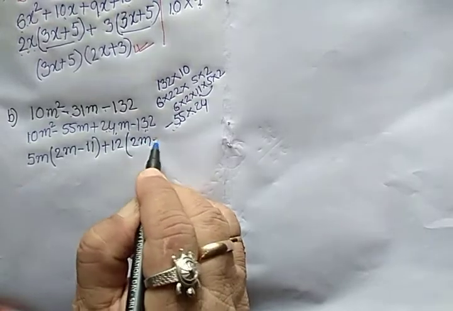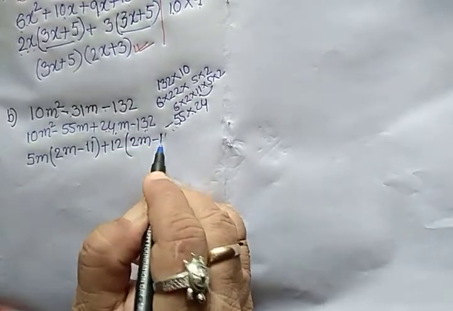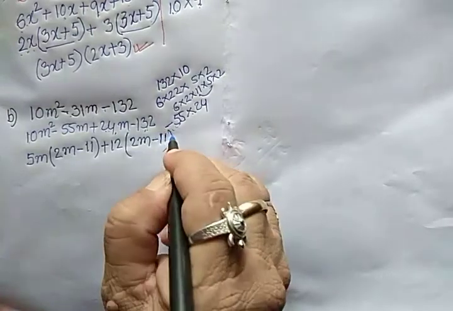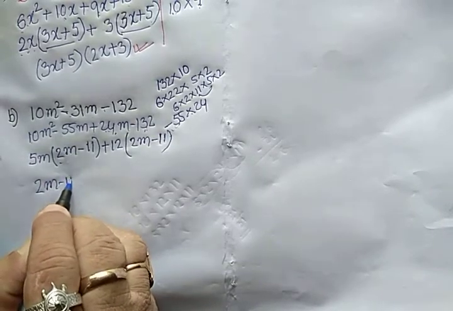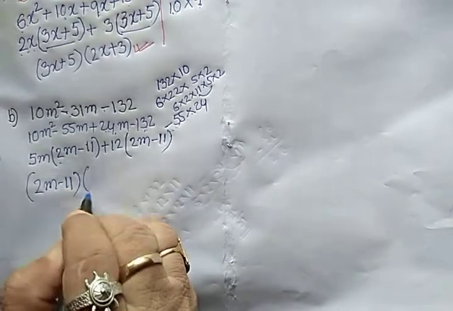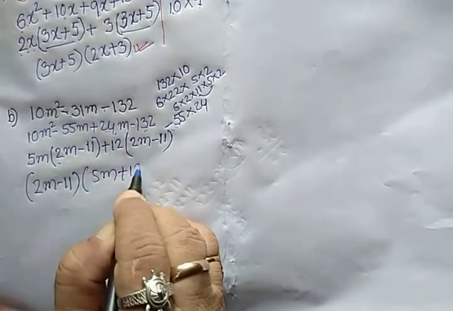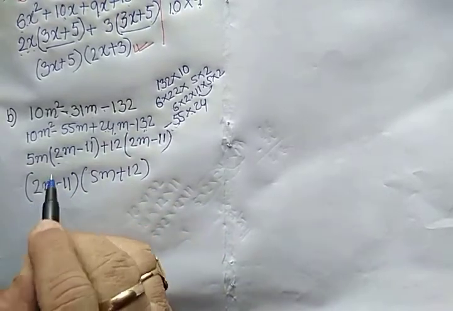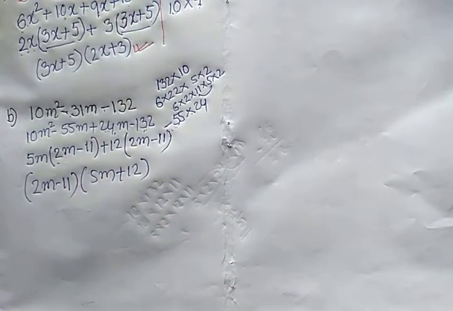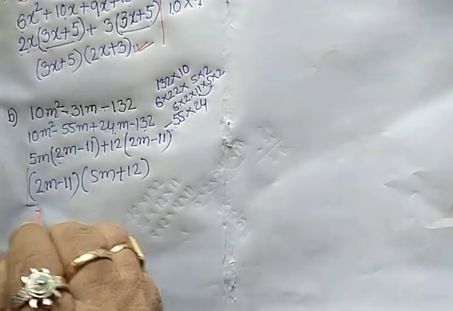And how much you get here? Minus 11. So 2m minus 11 common. Here 5m will be left, and here plus 12 will be left. So the factors of 10m square minus 31m minus 132 are these.